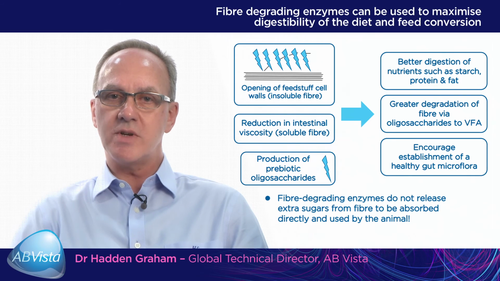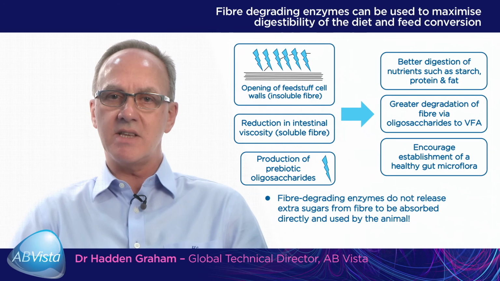It will allow the nutrients to move quickly and will allow much quicker and better digestion. Both of these actions will produce oligosaccharides. These oligosaccharides will be degraded further by the bacteria in the gut and will provide energy for the animal. This will also encourage the growth of what we call healthy or good bacteria in the gut.